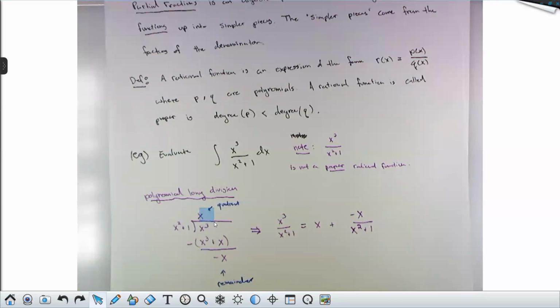So you take the quotient, that's the output, and if the one thing neatly divides the other, then you'll just have the quotient. The remainder will be 0. But if you have a non-zero remainder, you take that remainder and you put it over the divisor, the thing you're trying to divide by. Alright? Now this I know how to integrate, and this I know how to integrate, so we can reapproach the problem.